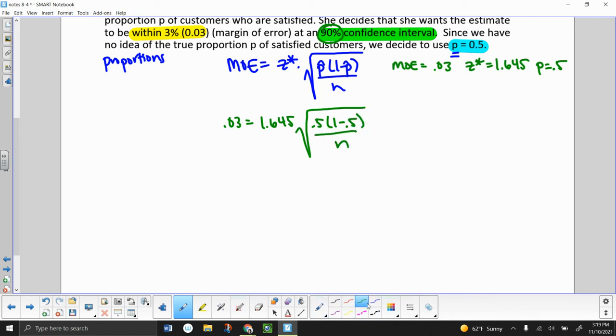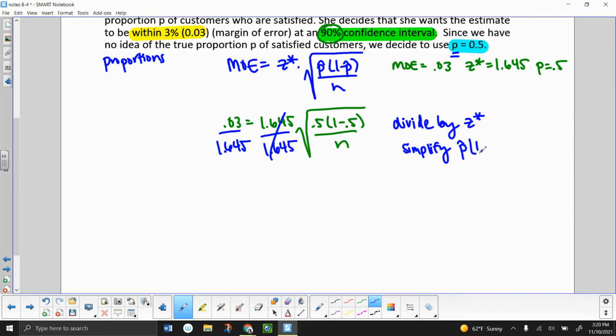Just like the previous one, we're going to solve for N. The first step is a little different: we're going to divide by 1.645, and that value is Z star. That's going to get rid of it here. We're also going to go ahead and simplify the numerator, because it's usually a pretty straightforward, simple number, easier to work with than the parentheses.